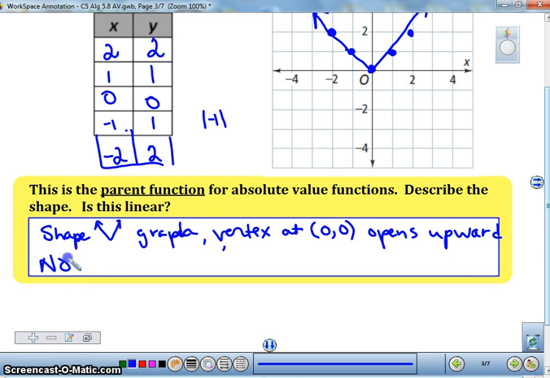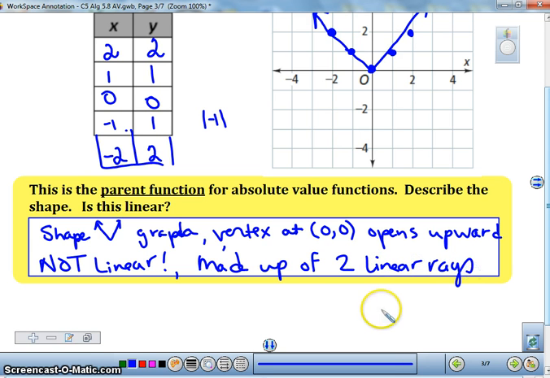It is not linear by any stretch. It does not make one nice straight line. It actually is made up of 2 linear rays. That's why we think of it as a composite function that extend from our origin.